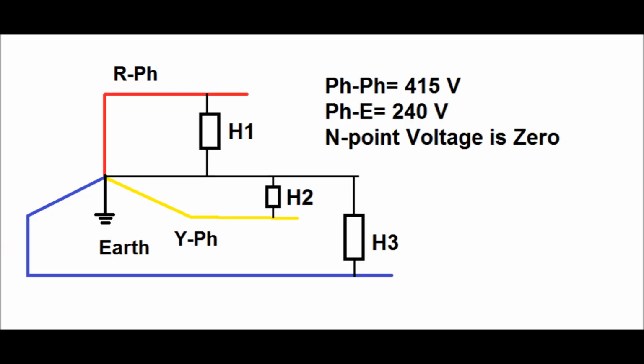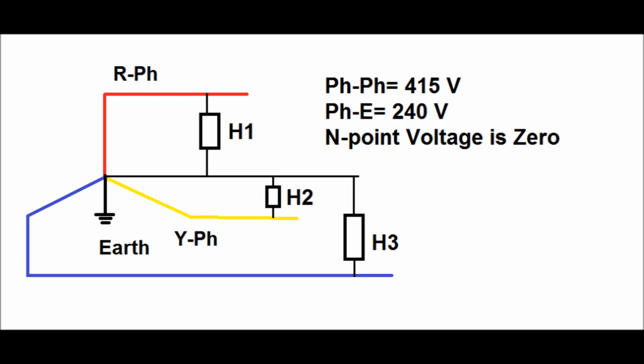Now for taking the consumer load, the connection is shown here. H1 is one household, H2 is another household, and H3 is another household. H1 is connected between the red phase and neutral, H2 is connected between the yellow phase and neutral, and household 3 is connected between the blue phase and neutral.